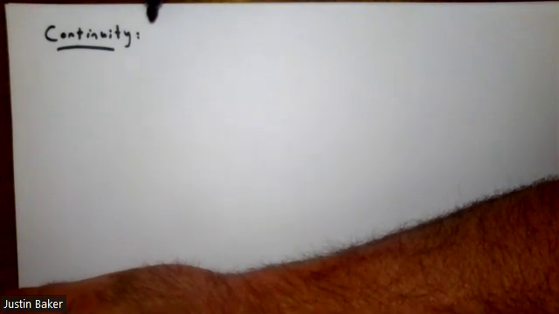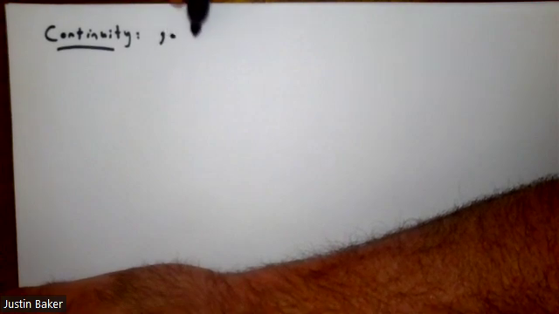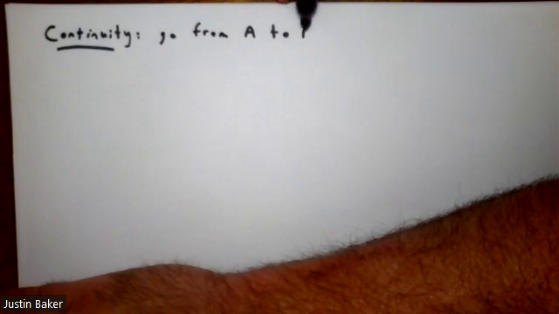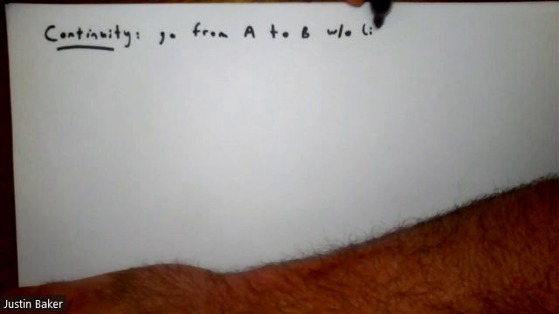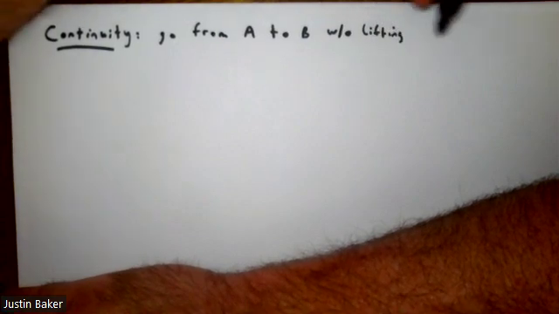But essentially, continuity is you having the ability to go from just real simple, from A to B, whatever that might be, from A to B without lifting your pencil.